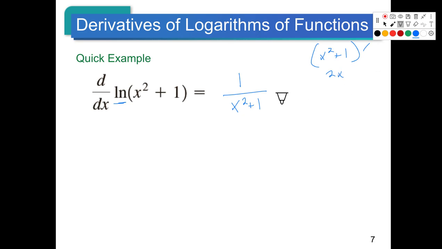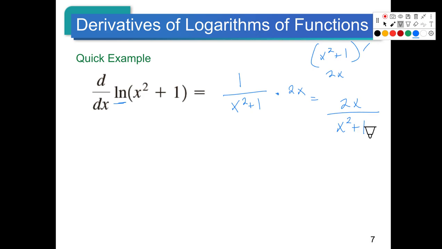Oh, that's its derivative, so I need to multiply this by 2x. That is not in the denominator, it's just multiplied by 2x. So that's kind of the technique. And so usually when we write this as a final answer, we'll write it as 2x over x squared plus 1. Okay, that's its answer. That's the derivative.